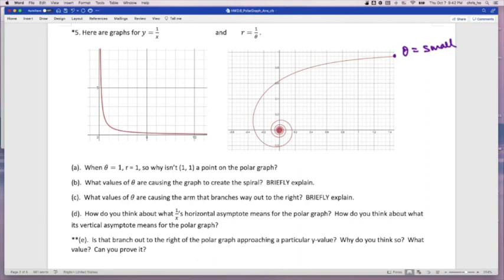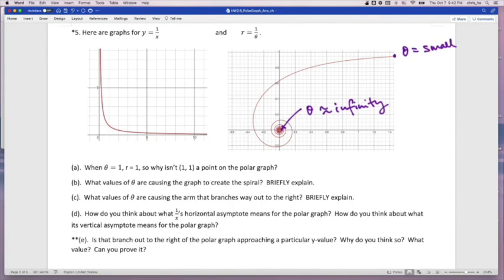But when theta is very, very large, then r becomes very, very small. So when theta approaches infinity, then r approaches 0, right? That's the reciprocal function. It just keeps spiraling in closer and closer to the origin.